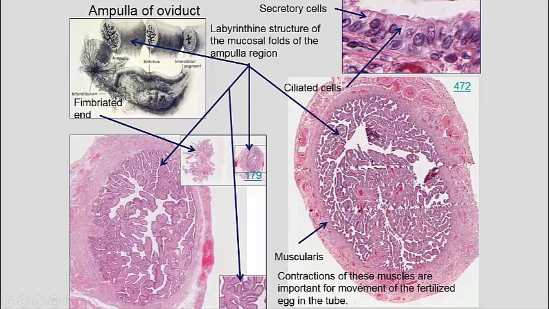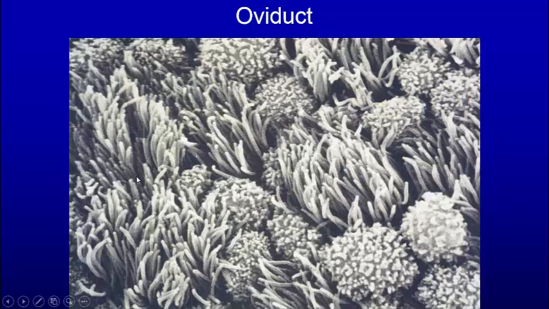As you move on down to the ampulla, it looks a lot like the infundibulum, but it's more closed, completely surrounded by the muscularis, smooth muscle cells. When you get further down, you get more layers.